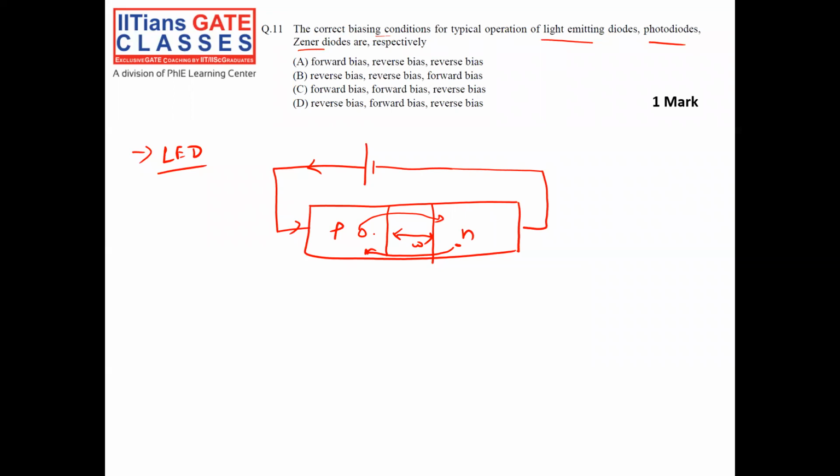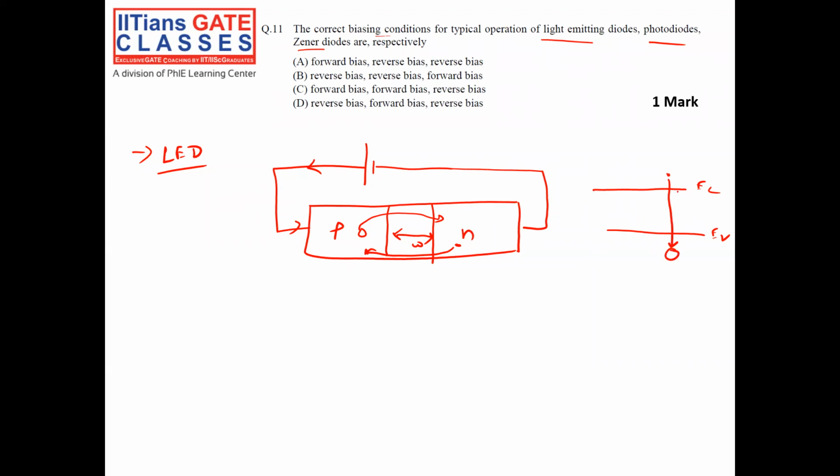That is the operation of my LED. Whenever they recombine, electrons from the conduction band jump to the valence band and combine with the hole.